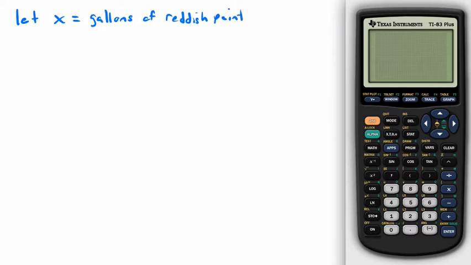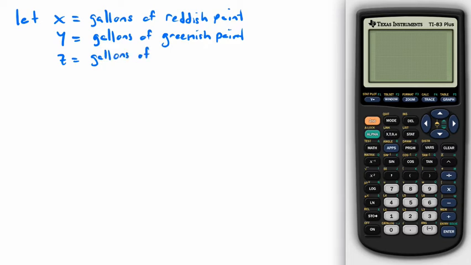How much reddish paint is the store going to need to add in to get what the customer wants? Y will be the gallons of greenish paint. Z, let's let that be the gallons of bluish paint.